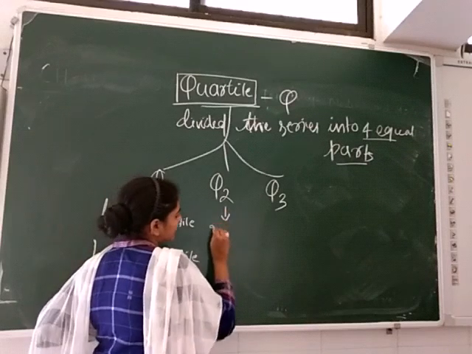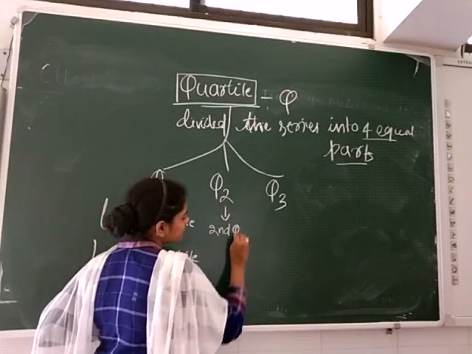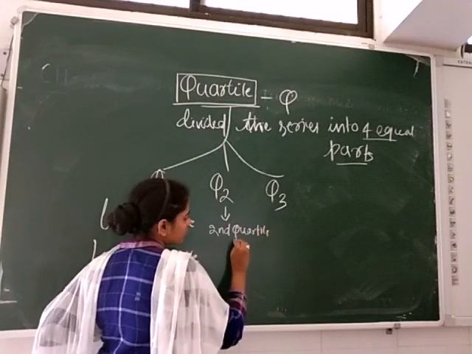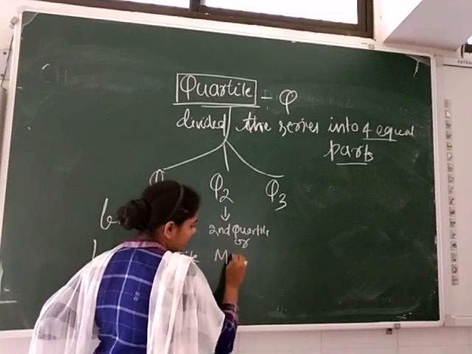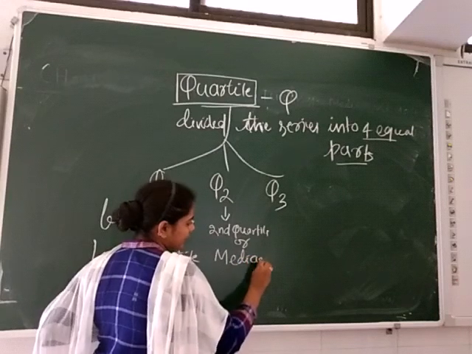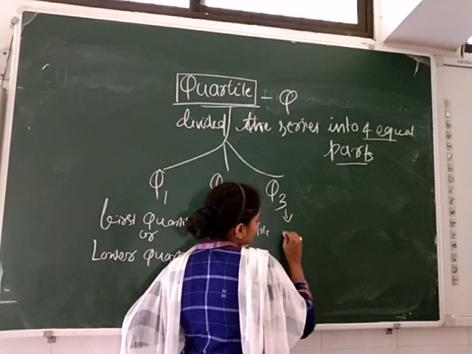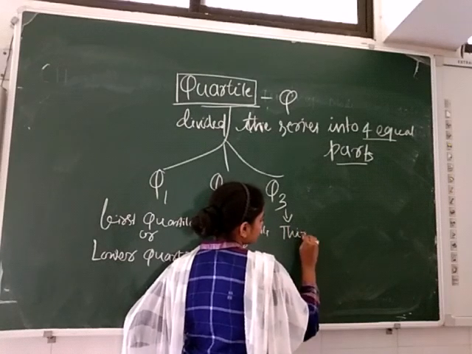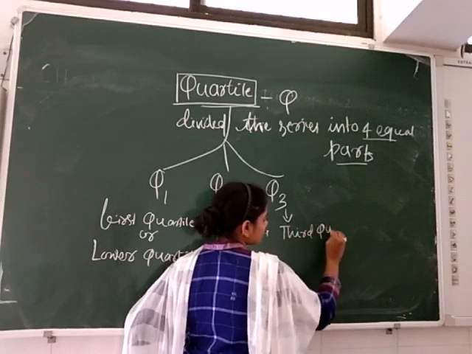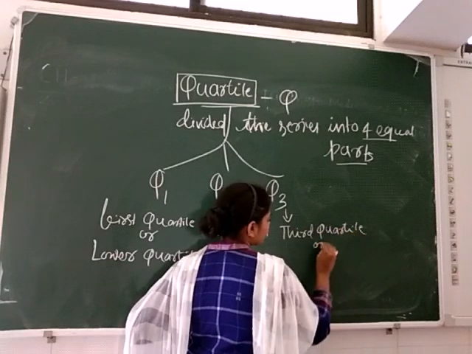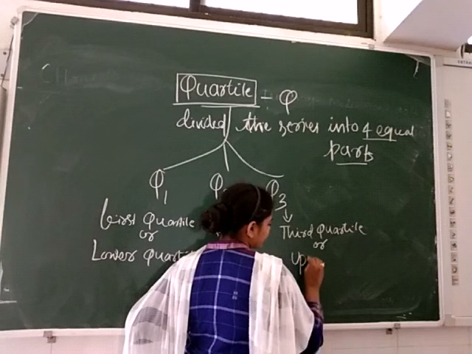Q2 stands for second quartile, or this can also be called median, and Q3 is called third quartile, or upper quartile.